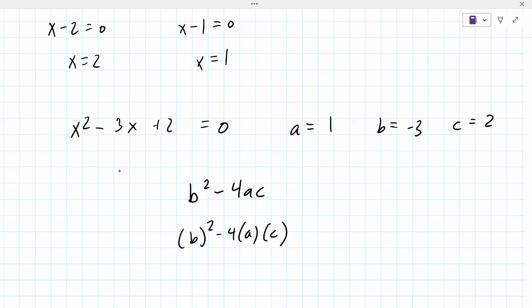I got -17. Okay, so it's parentheses -3 squared minus 4 times 1 times 2. Is that what you have?